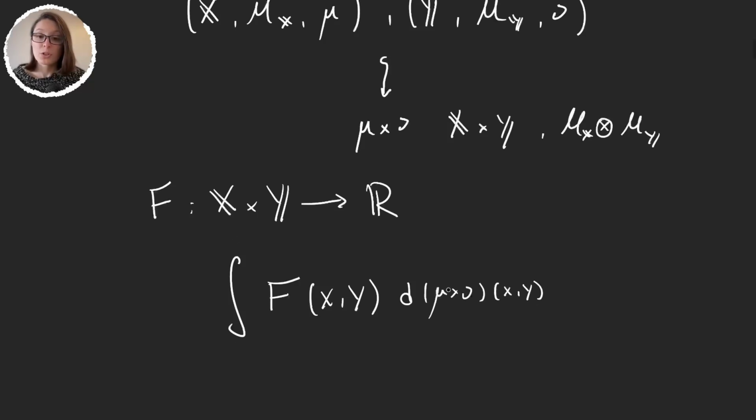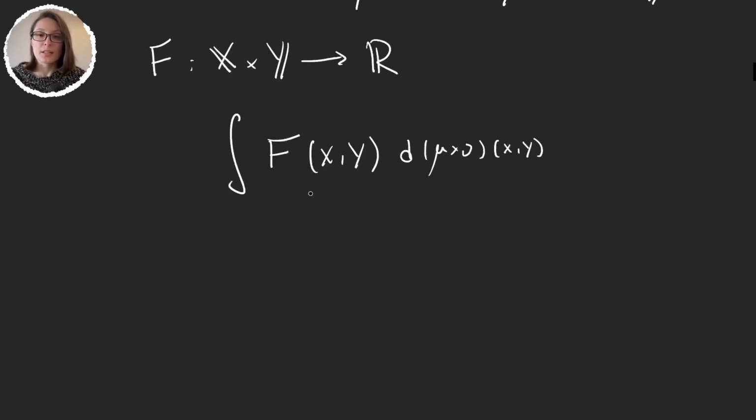Now, we have no idea how to do this unless we know more information about this product measure. We have defined integration with respect to one measure, but usually that is when we know exactly how that measure behaves. But now, all we know about the product measure mu times nu is only known via mu and nu as separate measures.